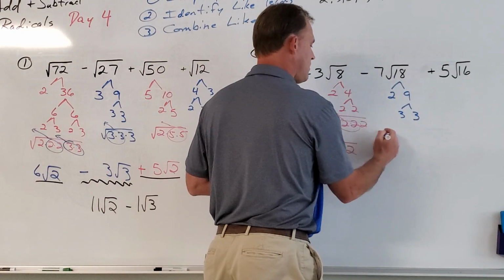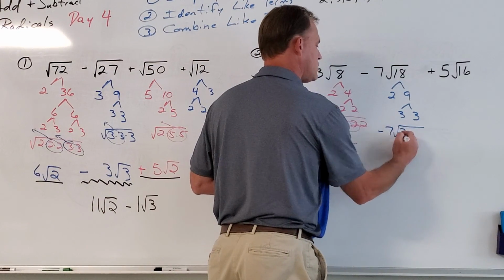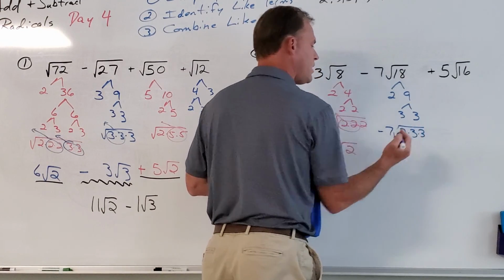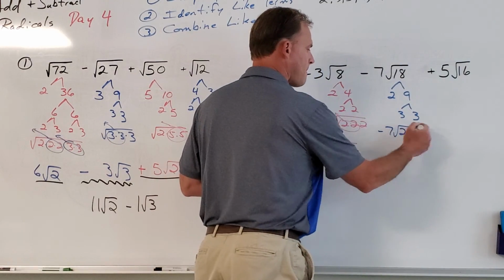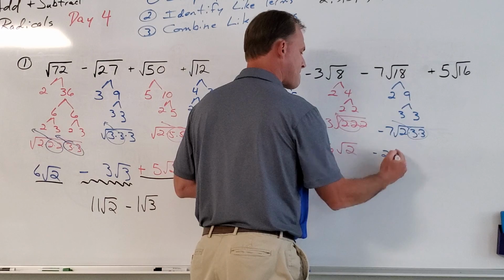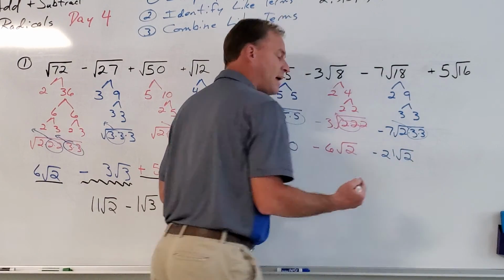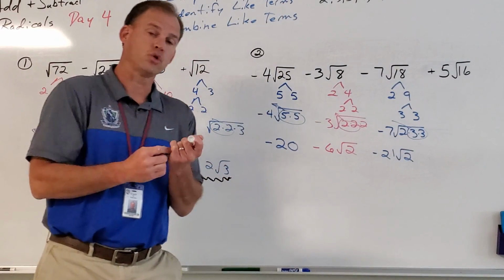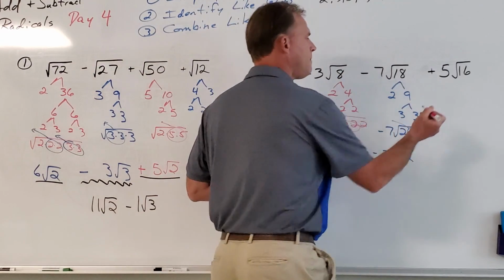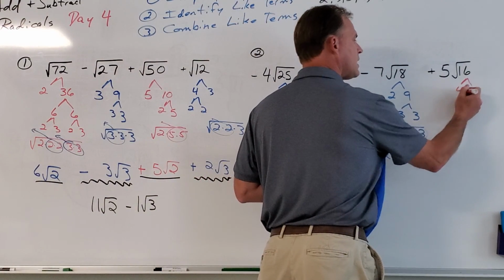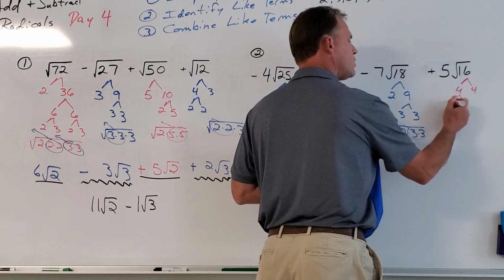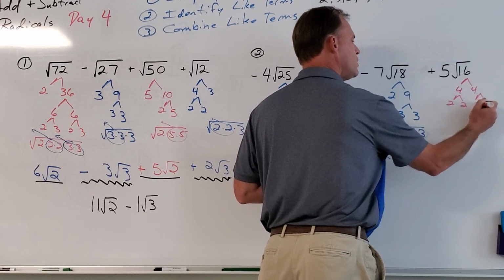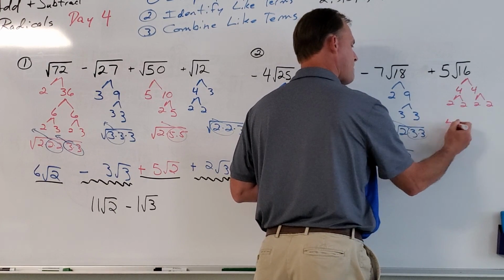So this is a minus 7 out front, a 2, a 3, and a 3 on the inside. 3's come out. Minus 21 root 2. Last one, 16 is 4 times 4, 2, 2, 2, 2.